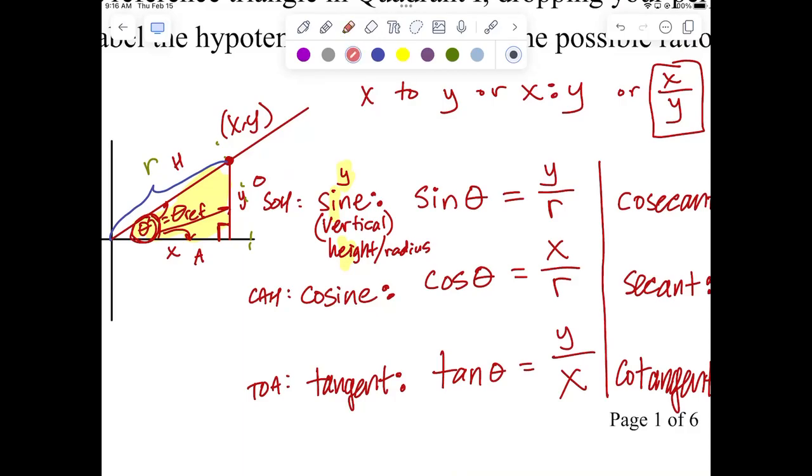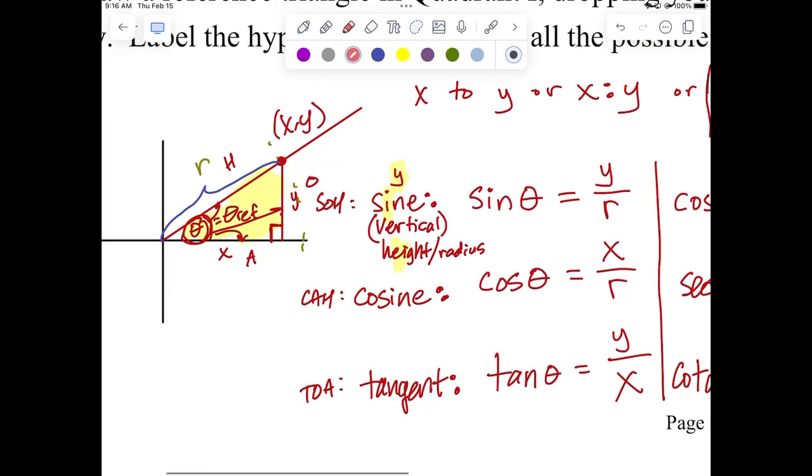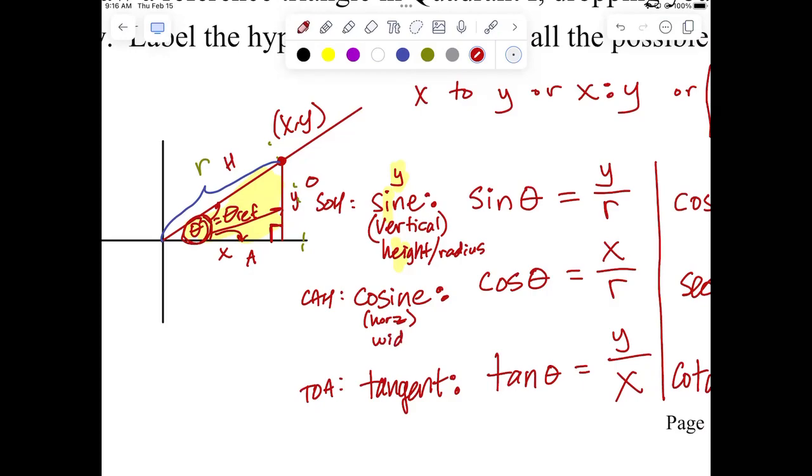Now, cosine is adjacent over hypotenuse. But when the adjacent is x and the hypotenuse is r, it's x over r. So cosine measures the horizontal, which is the width compared to the radius, and it's determined by the x.